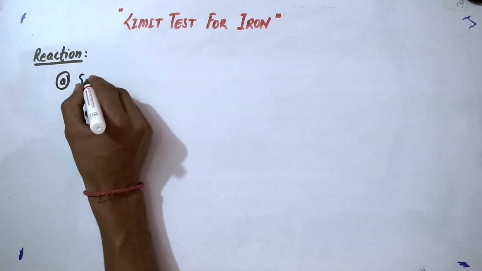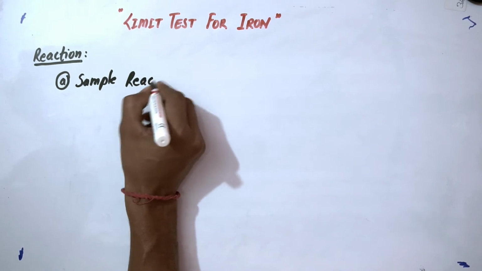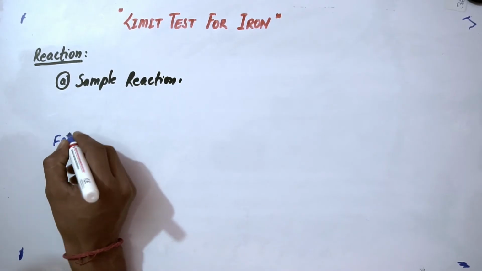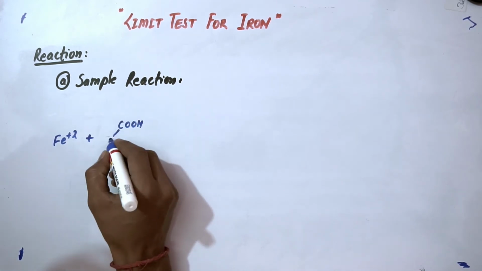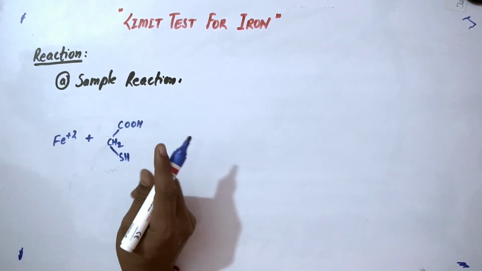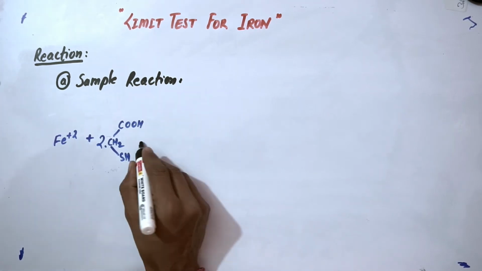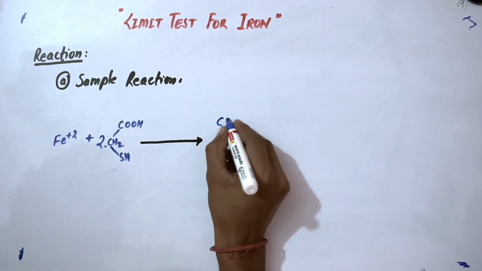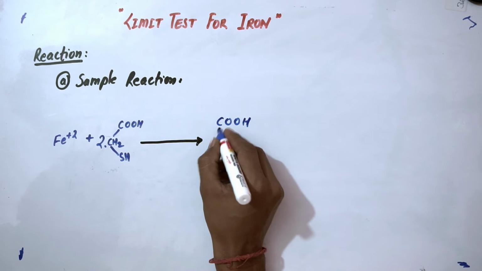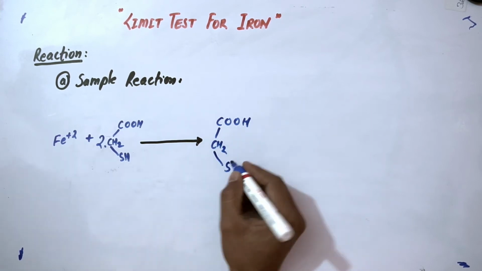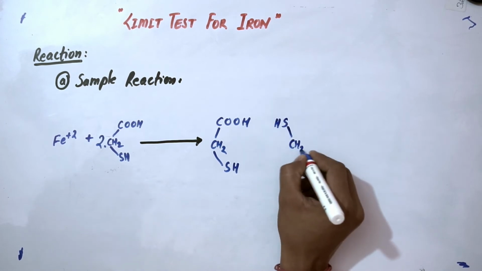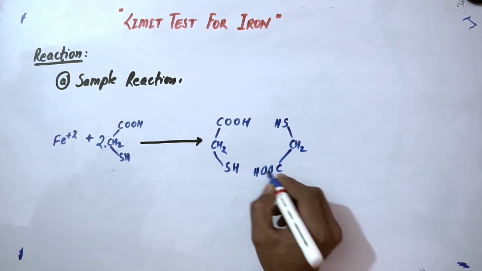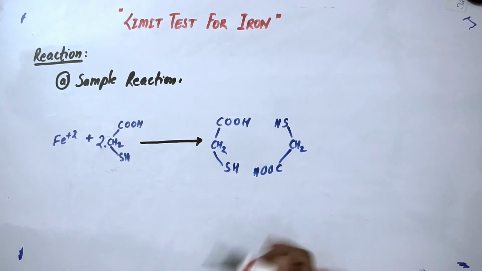Okay, so first of all we'll write the reaction for sample. Here ferrous present in sample will react with thioglycolic acid, COOH CH2SH. It will react with two molecules, and we will write like this way. Now here we have to write the opposite way, CH2 COOH, so that carboxylic group is facing opposite side.